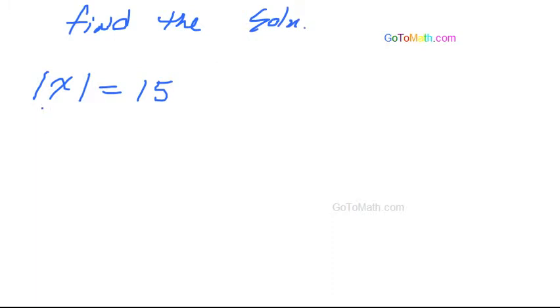Okay, so we're going to drop this absolute value bar and write x is equal to 15, or x is equal to whatever this is over here, negative 15. Got that? So x is equal to 15 or x is equal to negative 15.